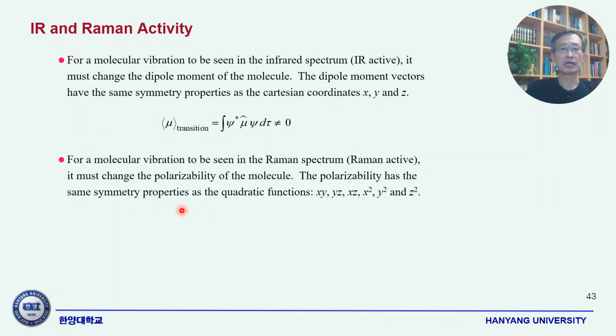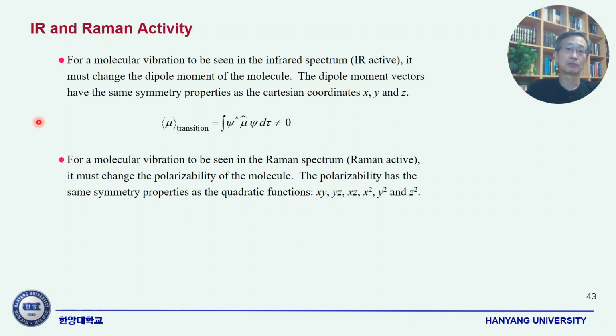And lastly, the final topic is that if you find the vibration and know which irreducible representation it belongs to, then you can determine if that vibrational normal mode is active in the IR spectrum or active in the Raman spectrum.